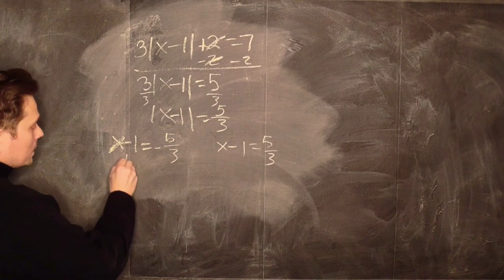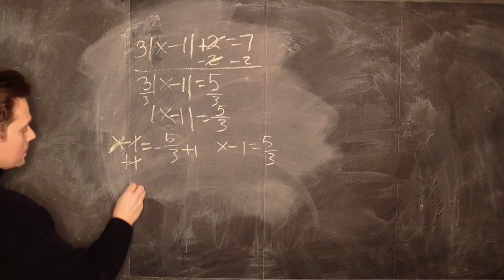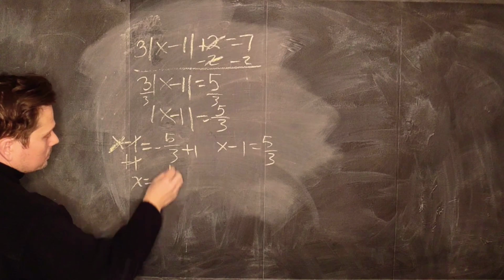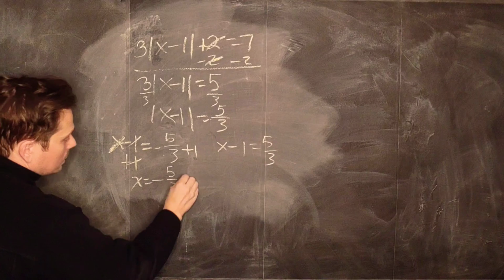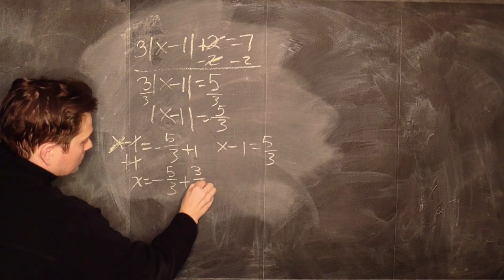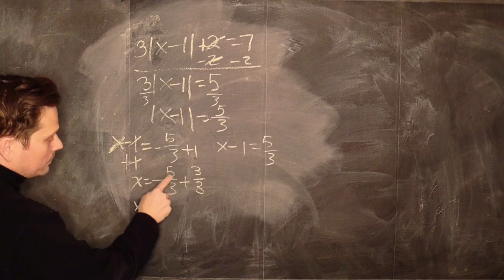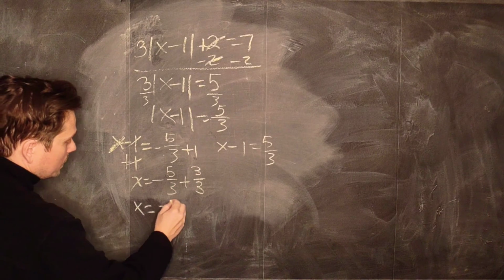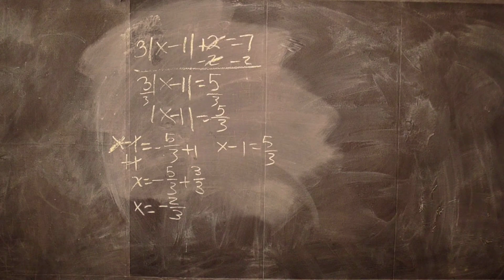And then try to add 1 here. So add 1 to both sides. This cancels, so you have x is equal to negative 5 over 3, and we write that 1 as 3/3 because that's 1. So x would be equal to negative 5 plus 3, which gives you negative 2, and this is a 3 in this position, so it's negative 2/3.